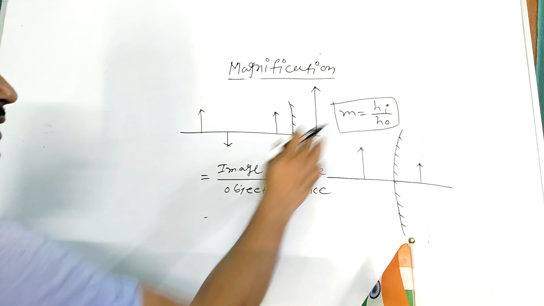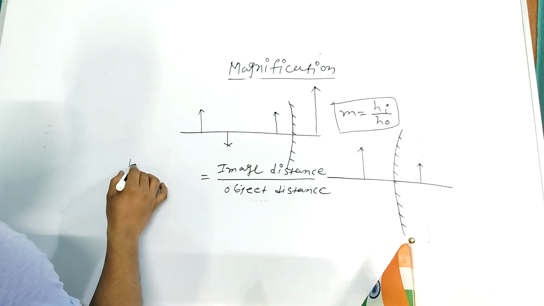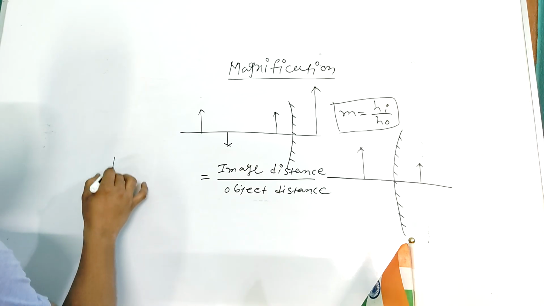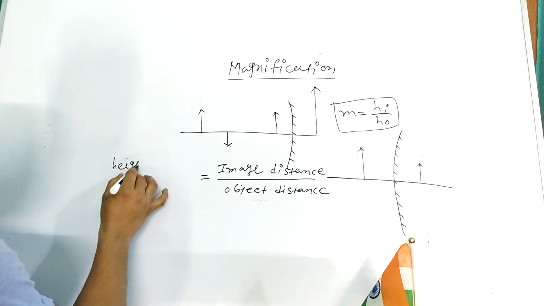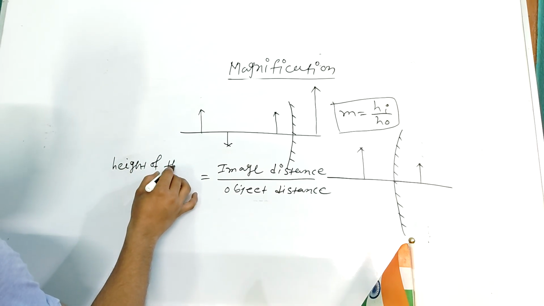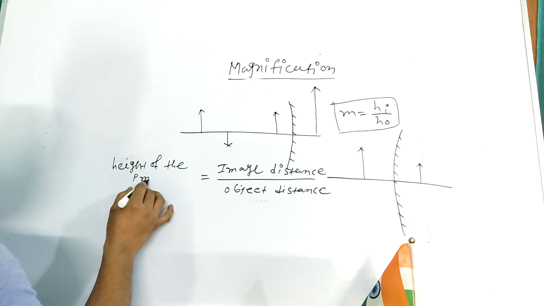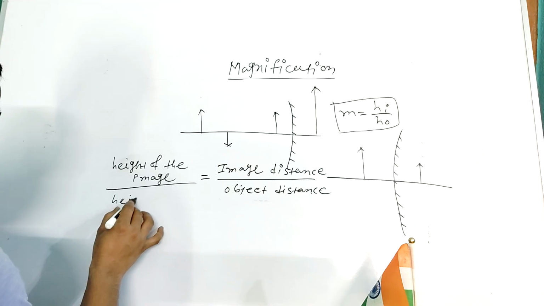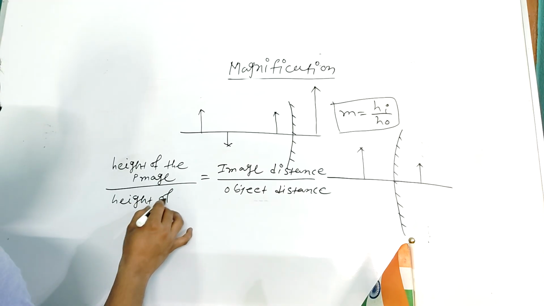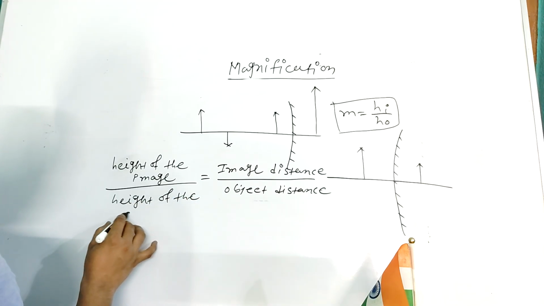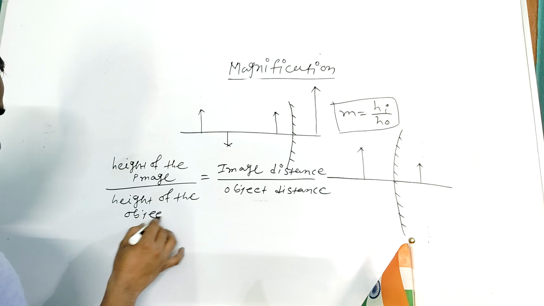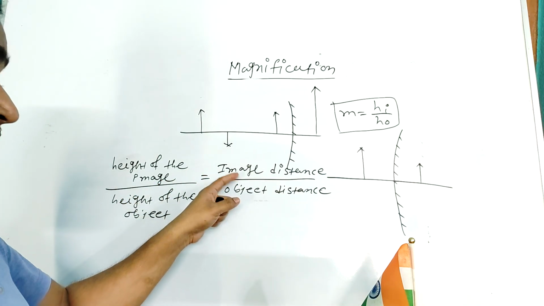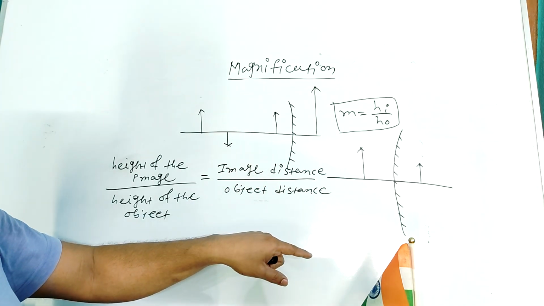Actual magnification is the height of the image divided by the height of the object, and it can also be written as image distance by object distance.